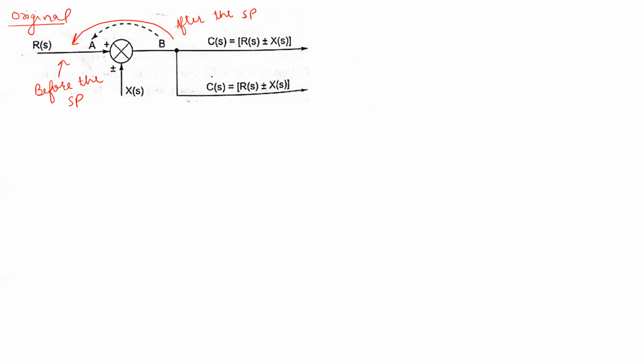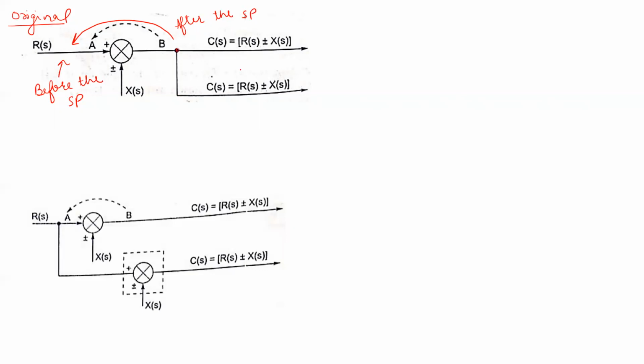If you have to shift this takeoff point in this way, let us see what the original representation has as an output. The output of the original is Cs equal to Rs plus minus Xs, and this is because of a takeoff point. So here also the output is the same.